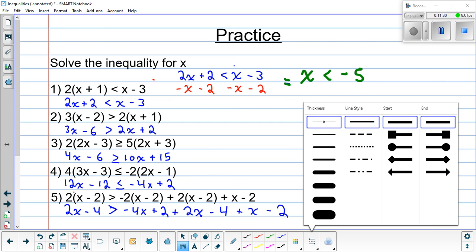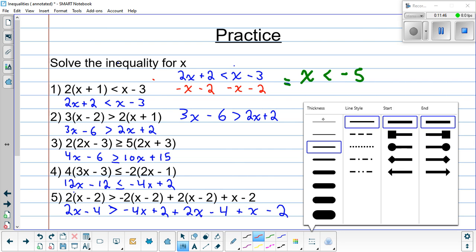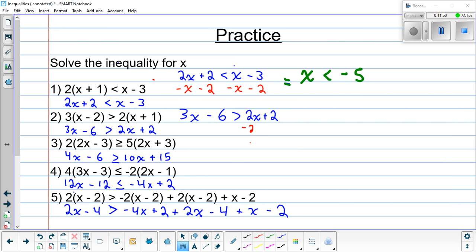Moving on, writing this one up here, so 3x minus 6 is greater than 2x plus 2. So what are we going to do to move stuff around? Well, I'm going to take away 2x from the right.